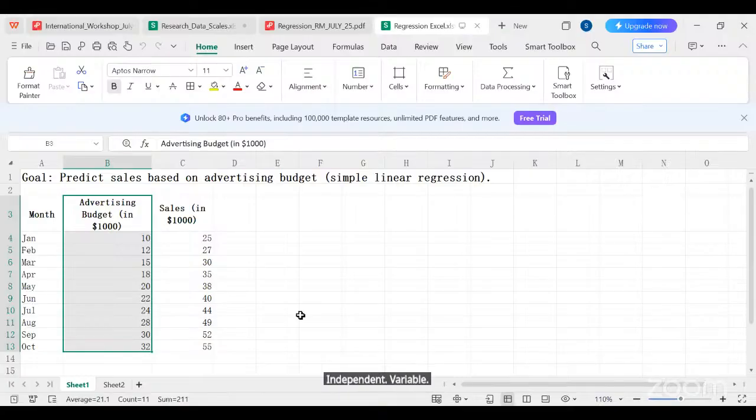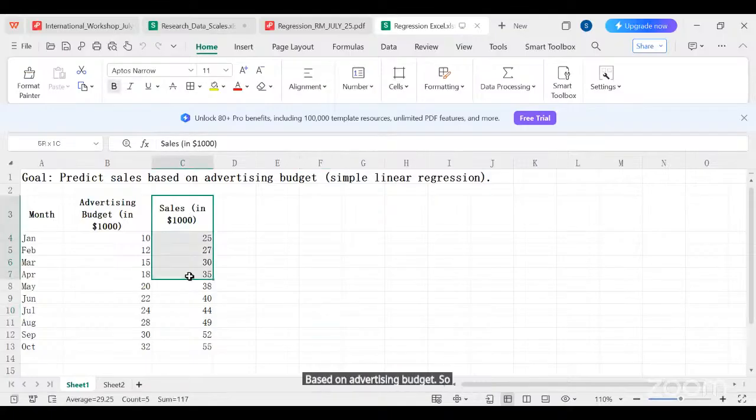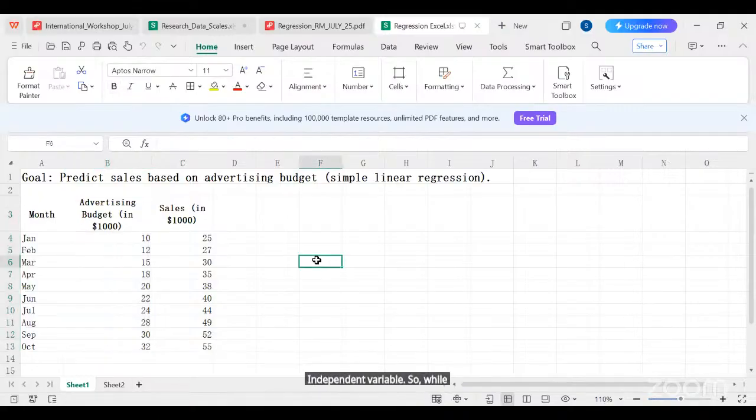I'm repeating once: the variable which we want to predict will be the dependent variable. So here sales is our dependent variable and advertising is our independent variable.